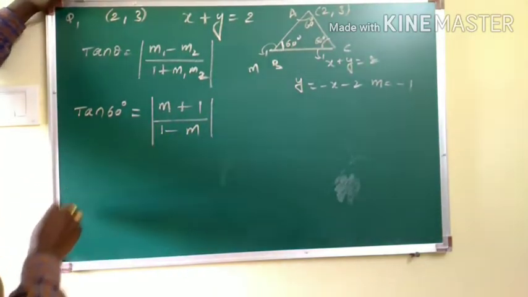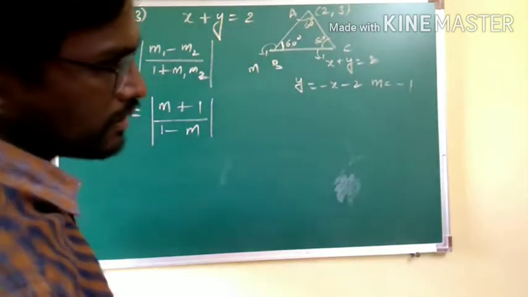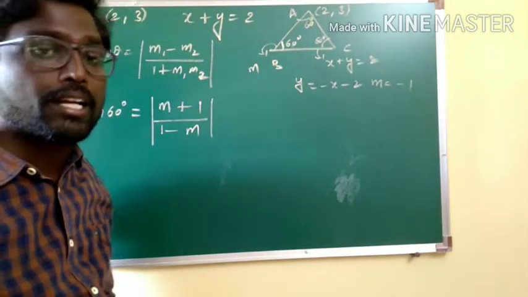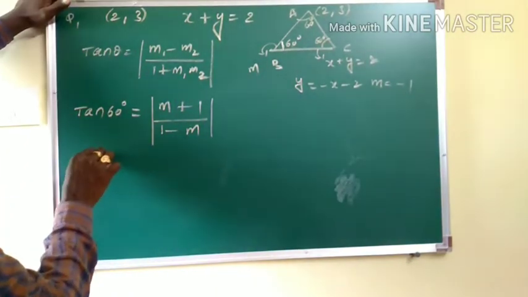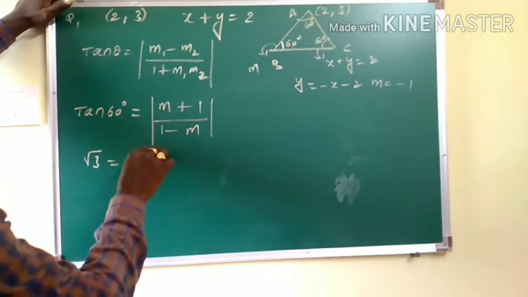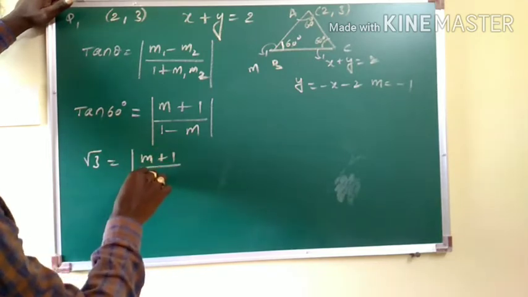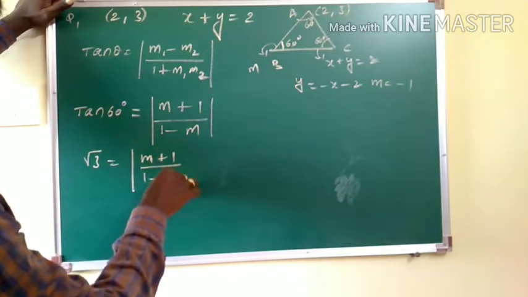What is tan 60? Tan 0 is 0, tan 30 is 1 by root 3, tan 45 is 1 and tan 60 is root 3. So root 3 is equal to mod of m plus 1 by 1 minus m.